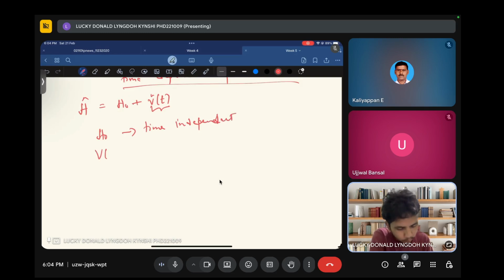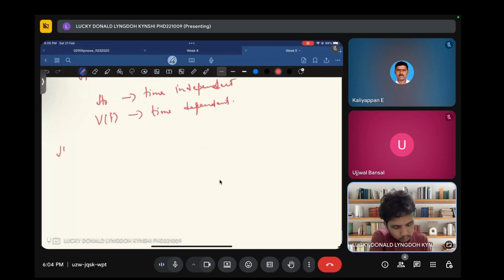But V of t is time dependent. Okay, so that is why this psi of t here becomes important. So what does it mean? How does V of t affect the system?